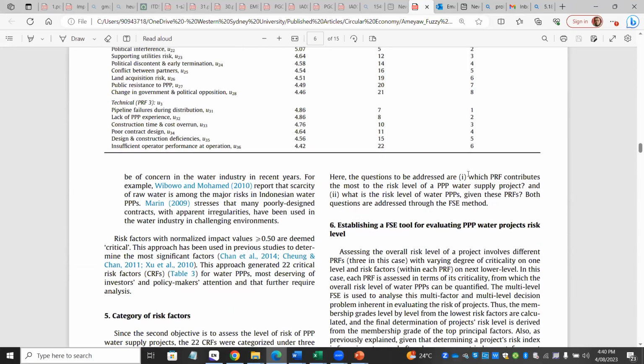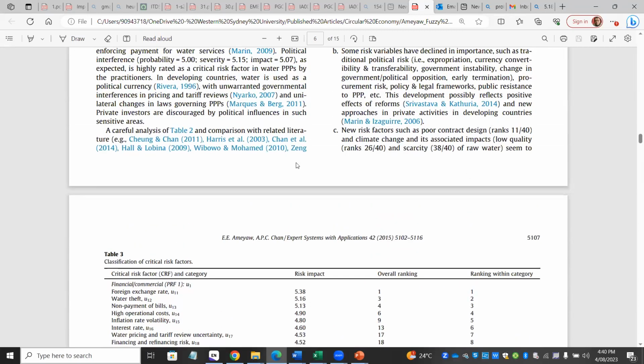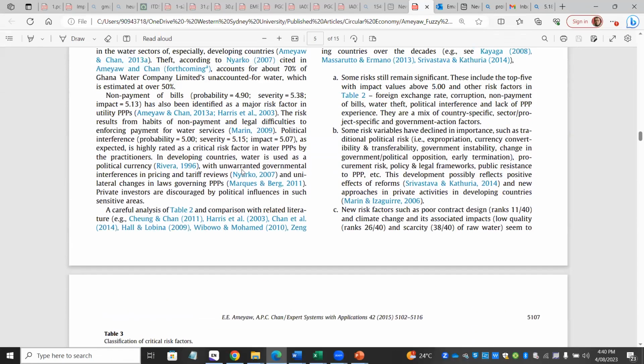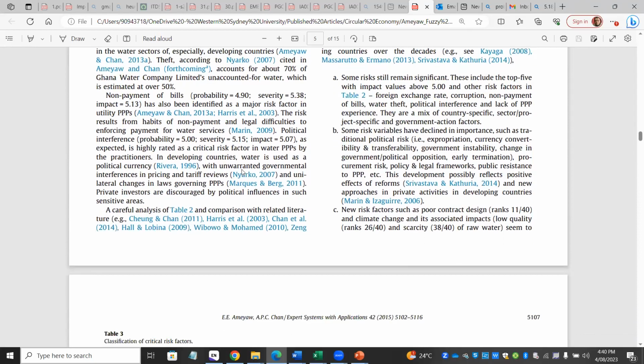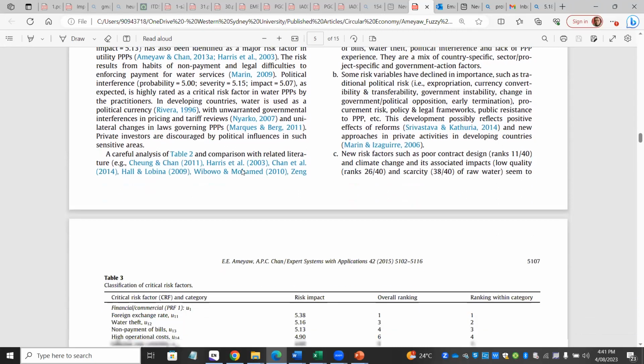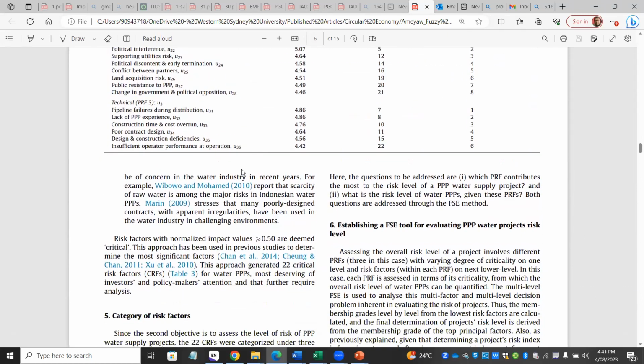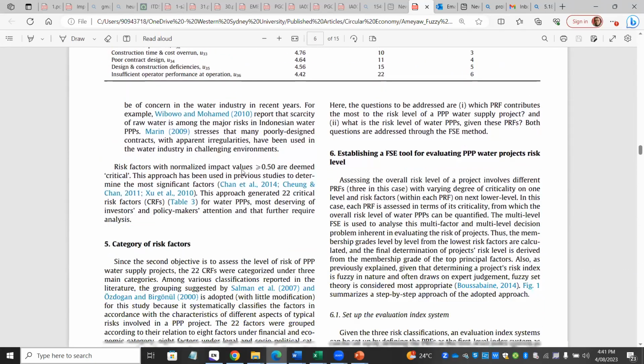But what I'm trying to say is that from here, we can even see that the analysis which is going to be presented in table 3 from table 2 is being done based on previous literature and reforms which have been done in the construction industry relating to water projects, especially projects undertaken using the PPP model. Okay, so let me continue reading.